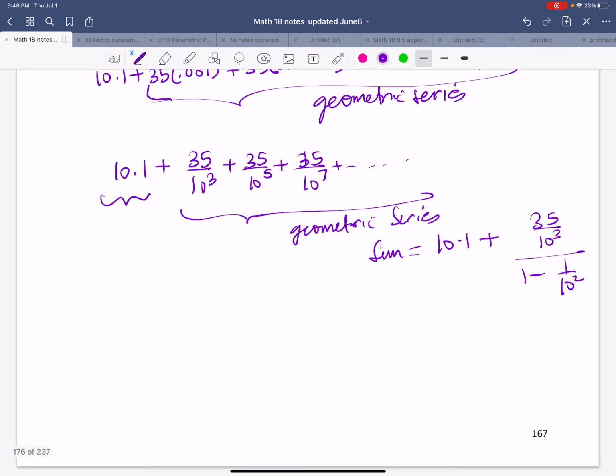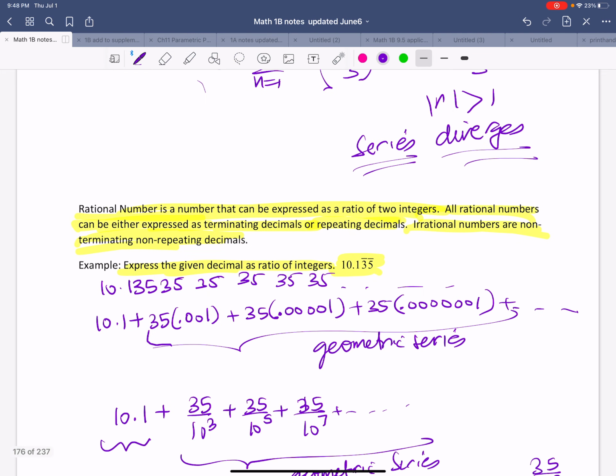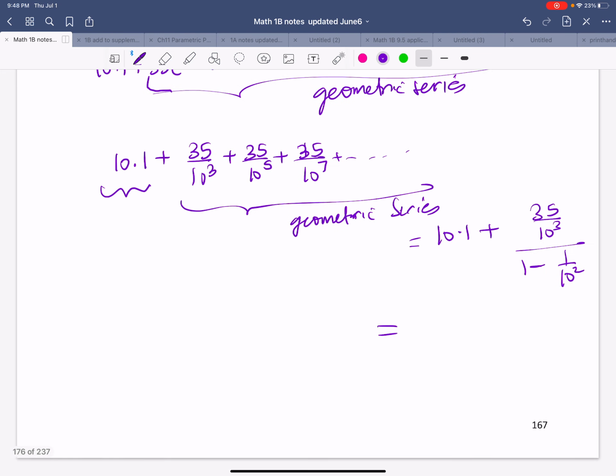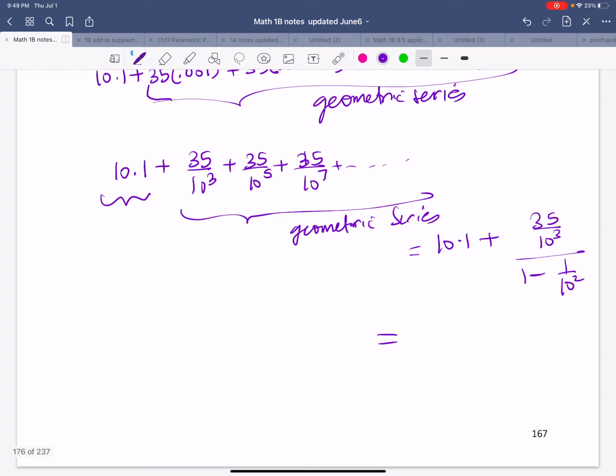We wouldn't call it a sum because we are just rearranging it or expressing it in a different way. Our eventual goal was to express this number as a ratio of integers. That would be 10.1 plus 35 over 1,000 times 100 over 99 in the denominator.